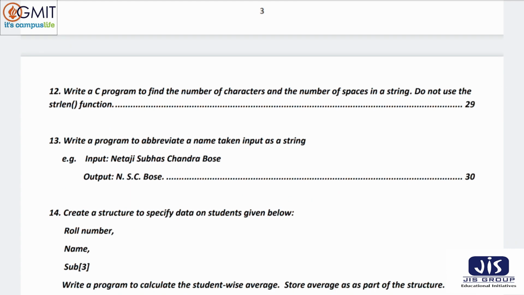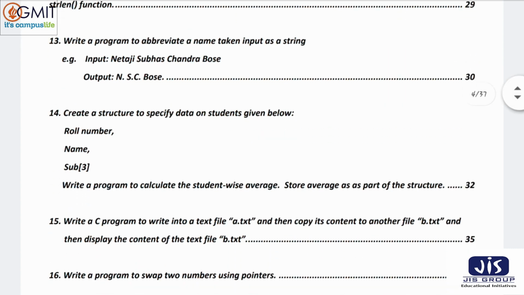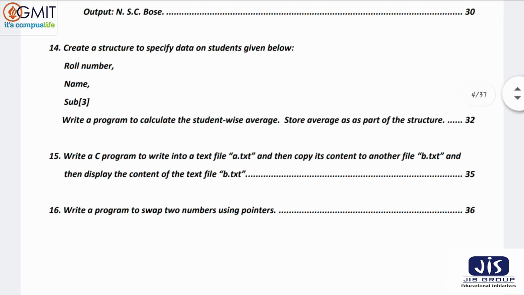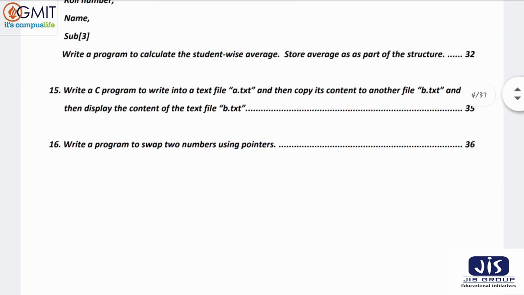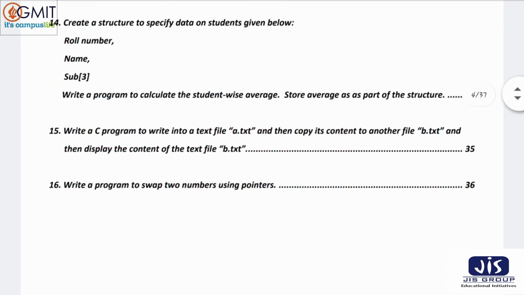Then I have come to string. String input, Netaji Subhash Chandra Bose. Output. Then structure, then text file, and then swap two numbers using pointers, string, structure, then you can see pointer.